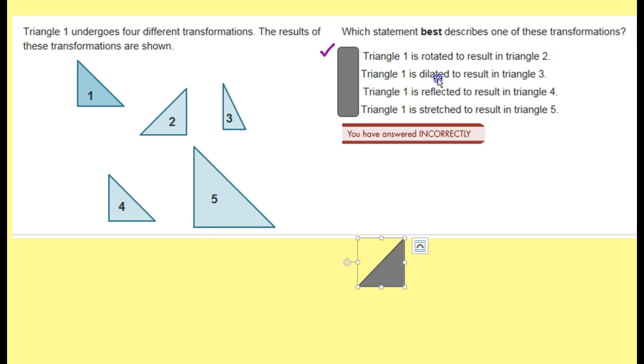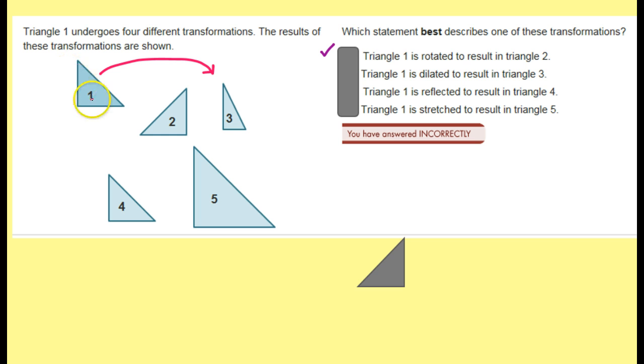Now, could it be dilated to result in triangle 3? Okay, so we're looking at triangle 1 to triangle 3. Well, clearly the size changed. But the problem is the sizes don't change equally. If it's dilated, all the sides should change in the same way.